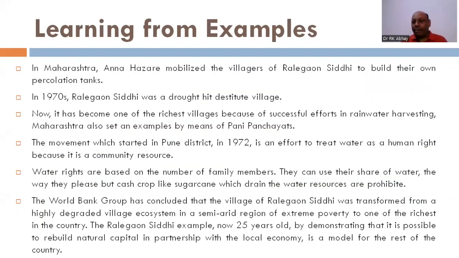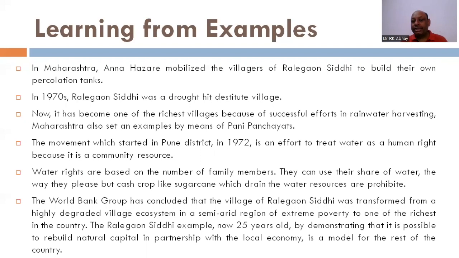And we have examples in society where people have done marvelous work. I think all of us know about Anna Hazare, who mobilized the villagers of Ralegan Siddhi to build their own percolation tanks. In the 70s, Ralegan Siddhi was a drought-hit, destitute village, but now it has become one of the richest villages because of successful efforts in rainwater harvesting.